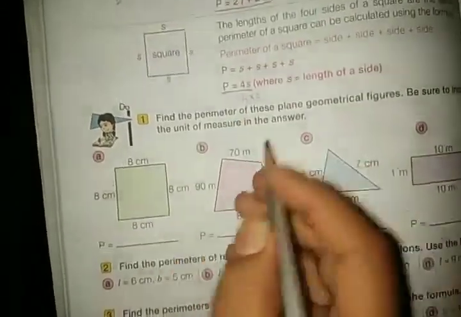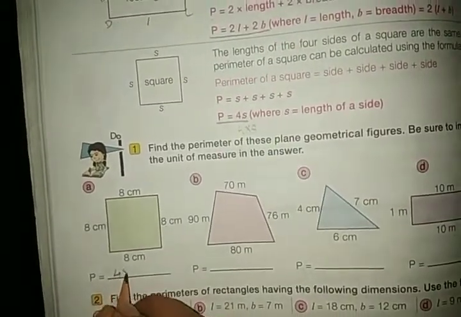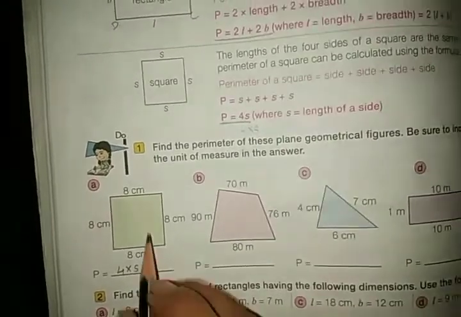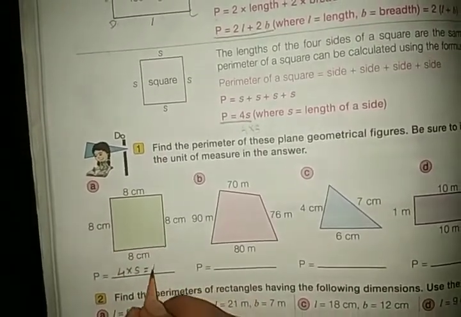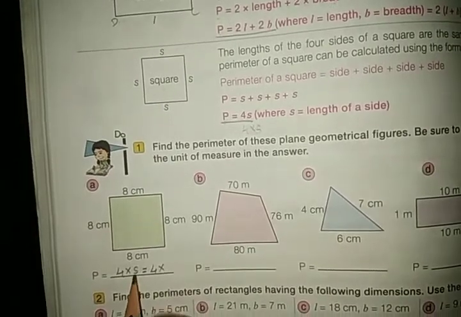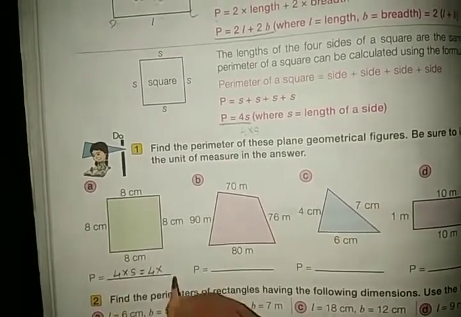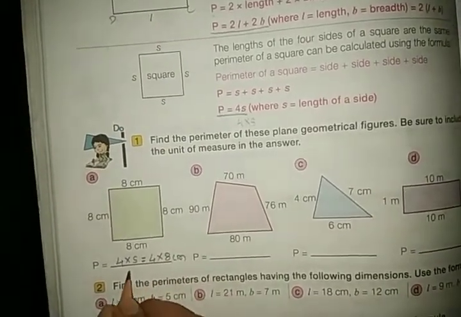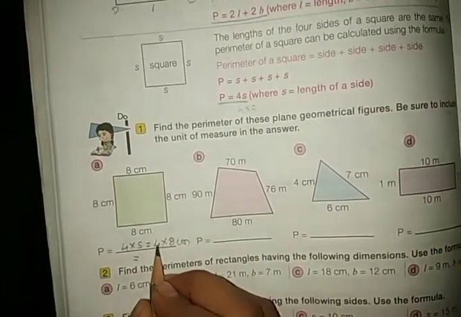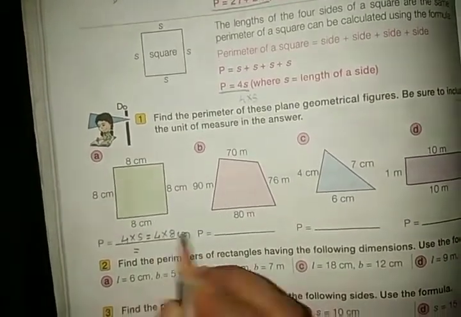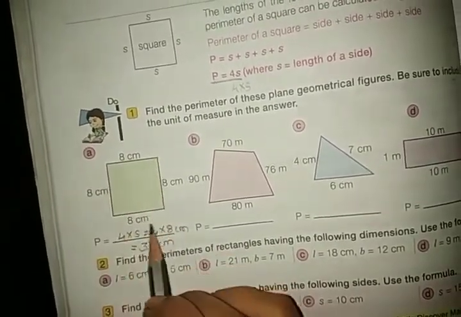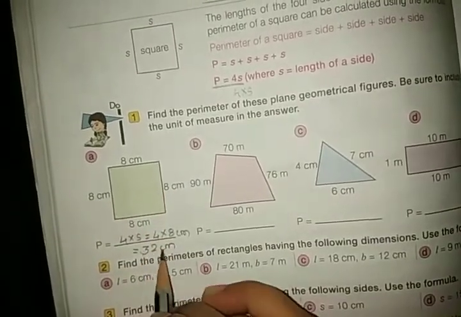Okay, see here, 4 into S, that is side, that is equal to all 4 sides. 4 into sides, they have given 8 centimeter. Now multiply these two. 4 8s are 32. Yes, 32 centimeter. So perimeter of this square is 32 centimeter.